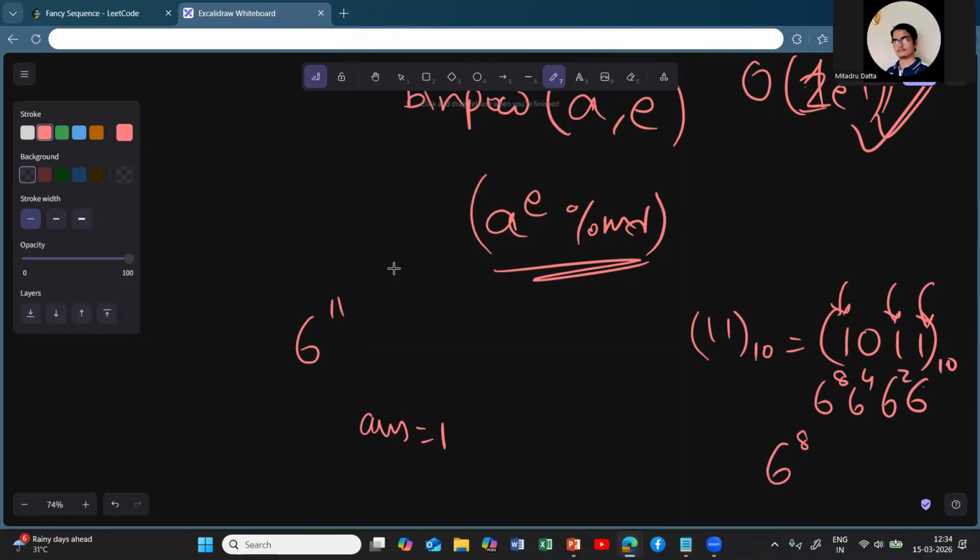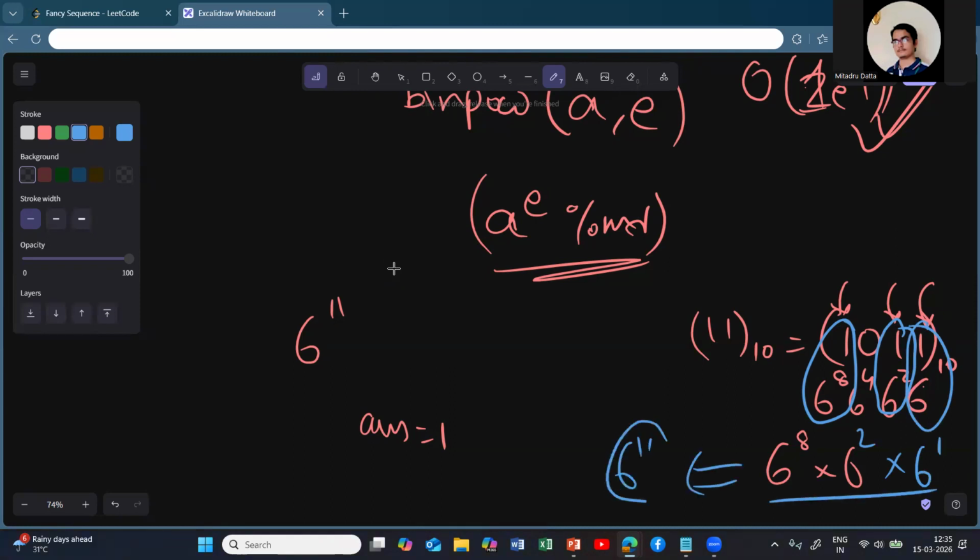So you multiply 6 to the power 8, because there is a set bit over here. I hope you do understand this. There is a set bit, so you multiply 6 to the power 8. There is a set bit over here, so you multiply 6 square. There is a set bit over here also, so you multiply 6 to the power 1. So all these multipliers give you 6 to the power 11.